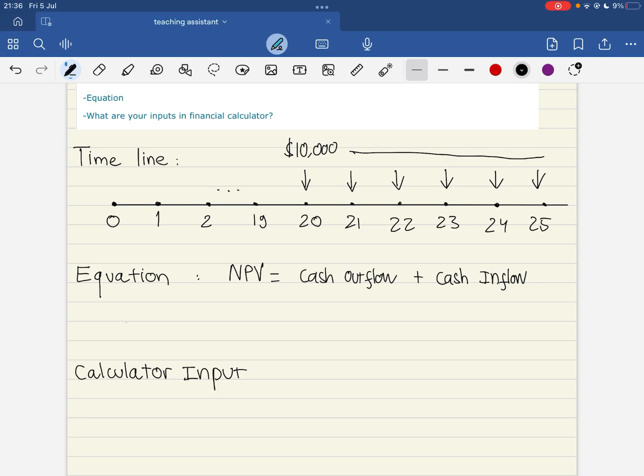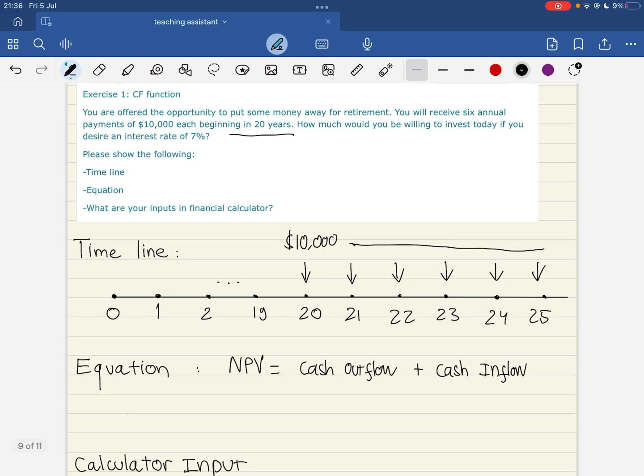So how about this exercise? The question is, how much would you be willing to invest today if you desire an interest rate of 7%? If you guys remember, in the previous video, I explained that we only accept an investment when the NPV is greater or equal to 0.